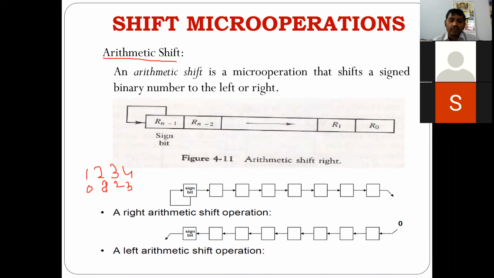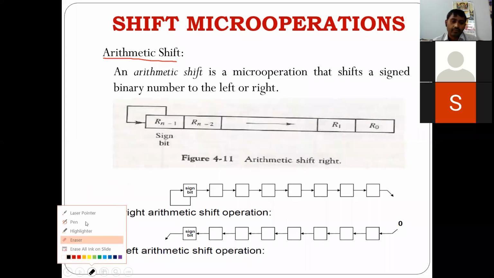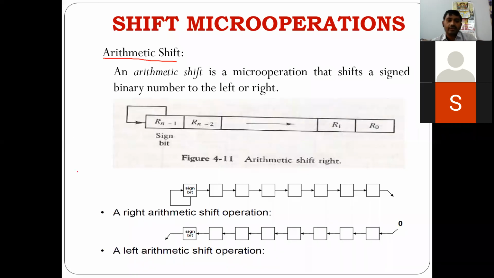Now arithmetic shift right, what will happen is the sign bit will be copied in the same location. Suppose, just a minute. Here, let us take it again as 1, 2, 3, 4.